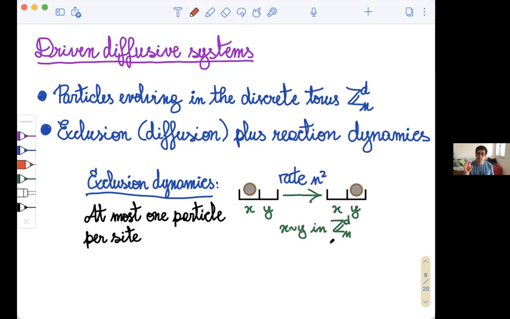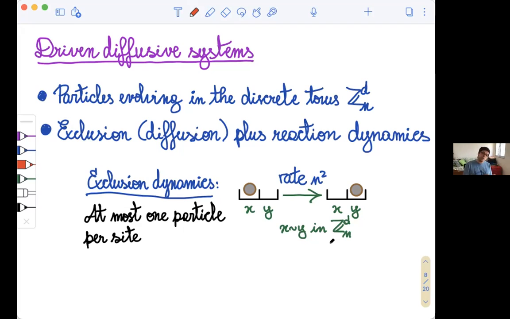And if you think about this exclusion dynamics, if you just have one particle on your lattice, it's just a simple random walk. Therefore, the natural time scale at which you will see things evolve in a non-trivial way is times of order n squared.